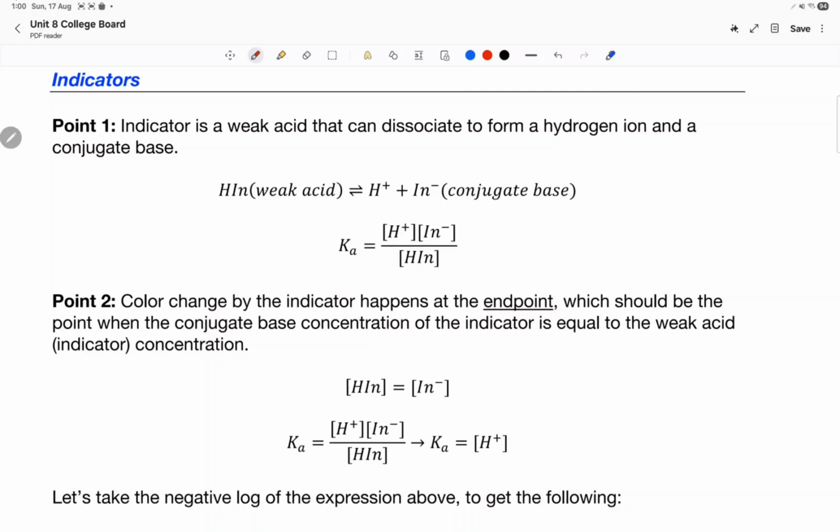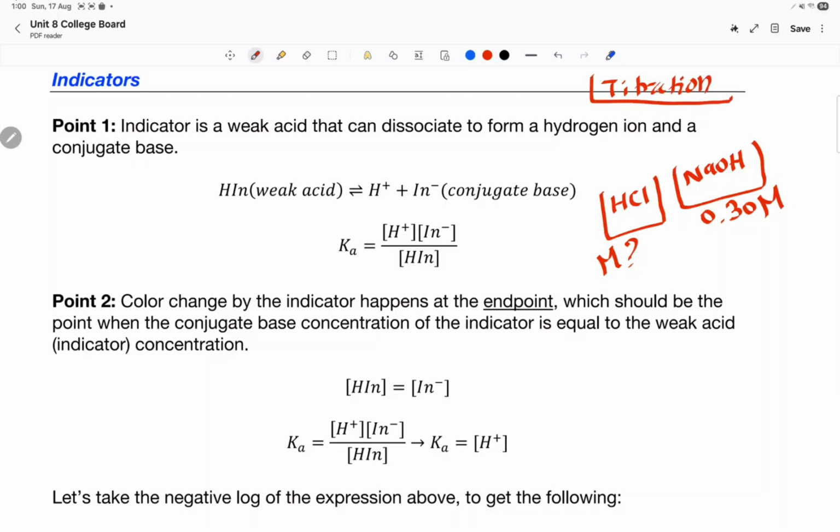Now, if you have HCl inside a container and you have NaOH inside a different container, and if you know the concentration of the NaOH but the concentration of the HCl is unknown, you can find out the concentration of the HCl by carrying out a procedure called titration.